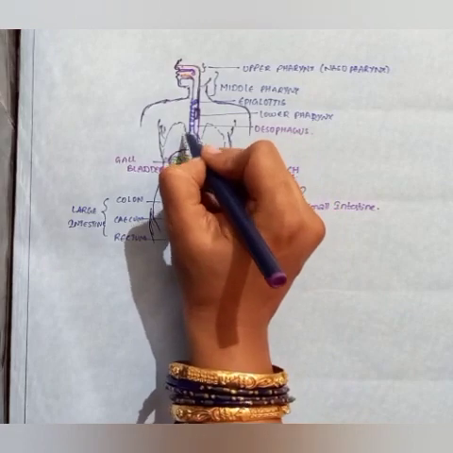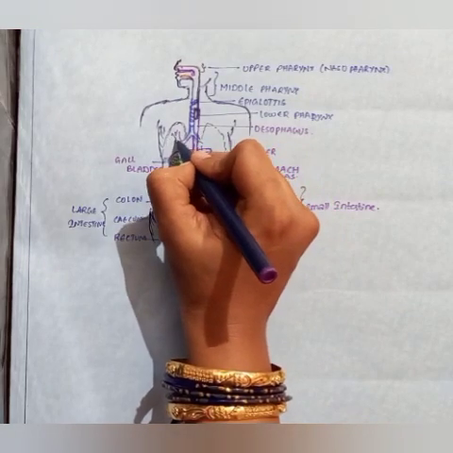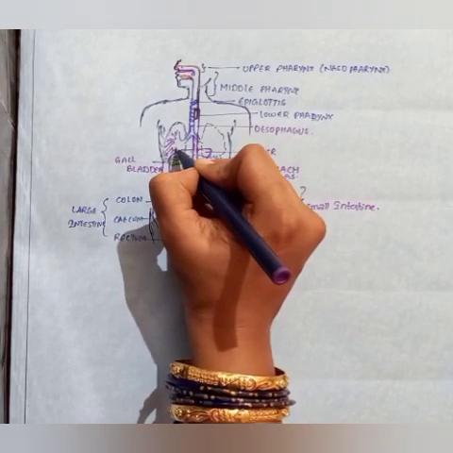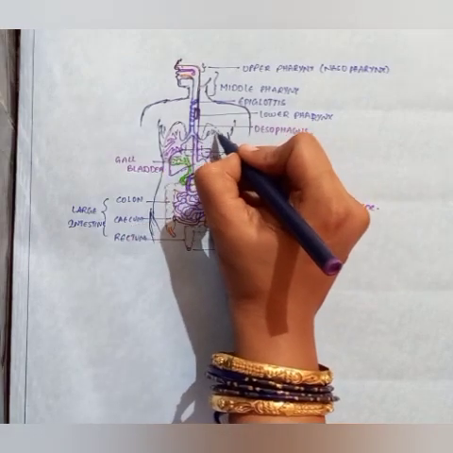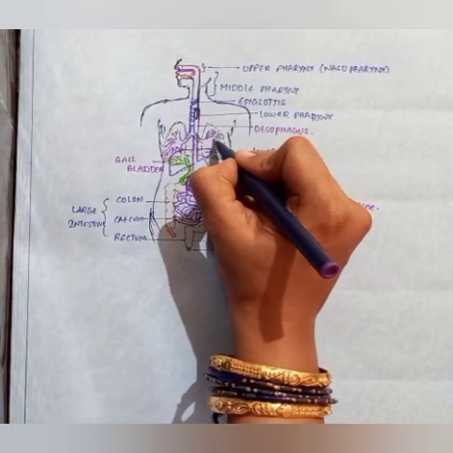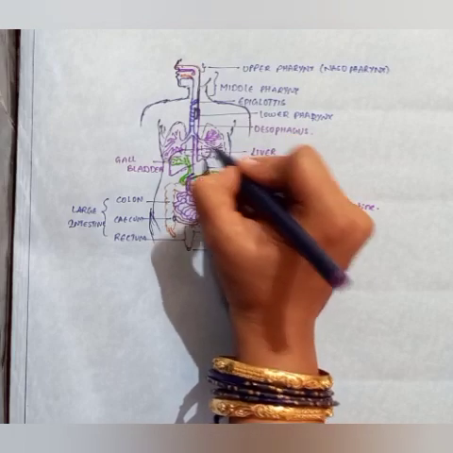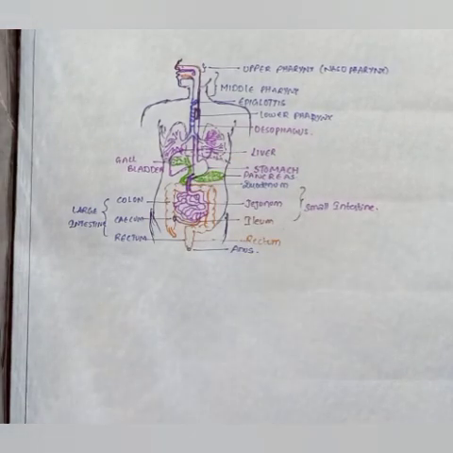Okay, and these parts are the lungs, where inside again this will be branched, like this, through which air is generally passed. That is the liver part.